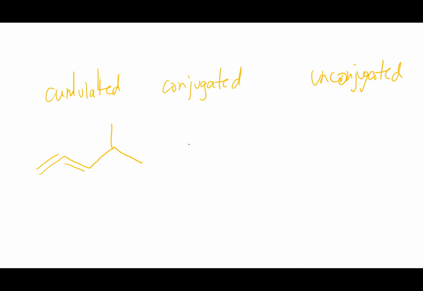Accumulated would look like this. Conjugated would have a gap in the middle, like this. And unconjugated has no real pattern. Okay, so unconjugated would look like that.